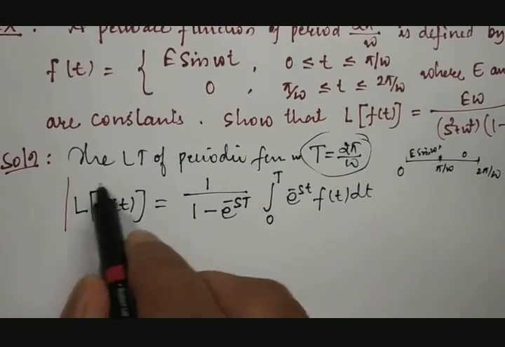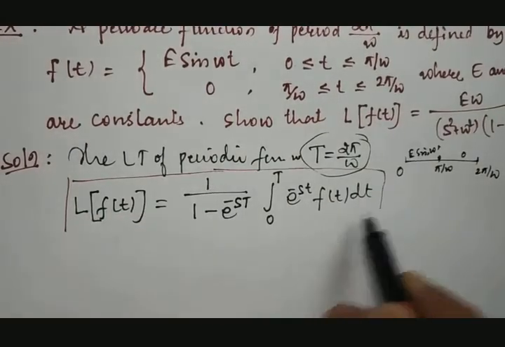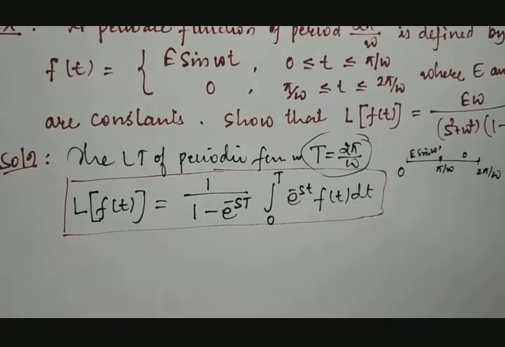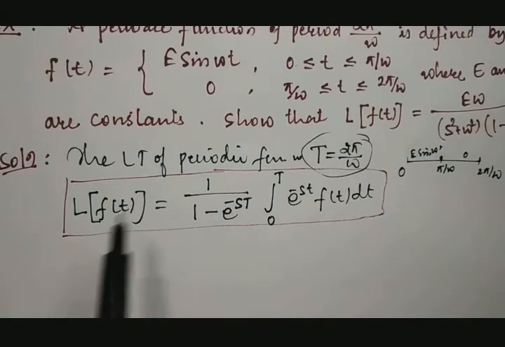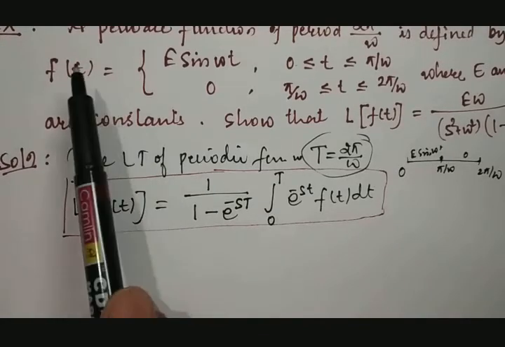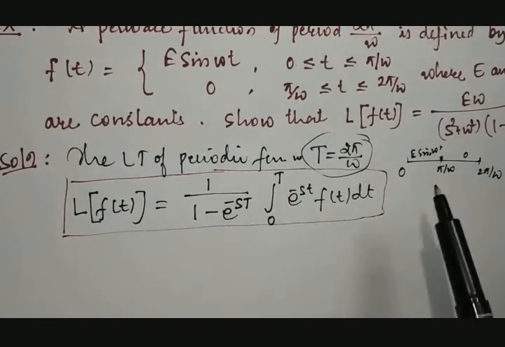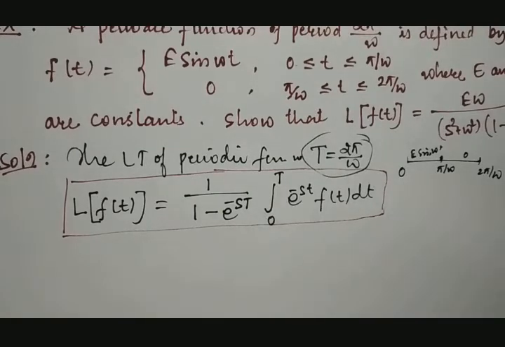It is the formula for finding the Laplace transformation of a periodic function. Otherwise, if it is not periodic, then we have a regular way to obtain the Laplace transformation, but since it's a periodic function, we have this different formula, where T is equal to 2 pi by omega.